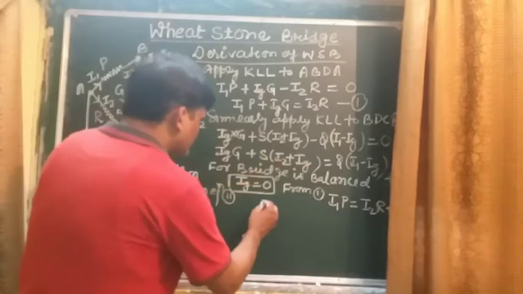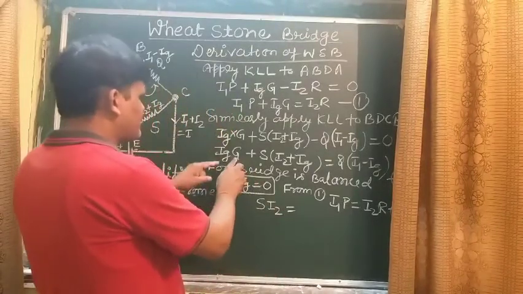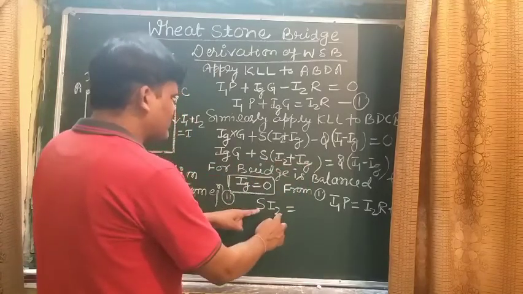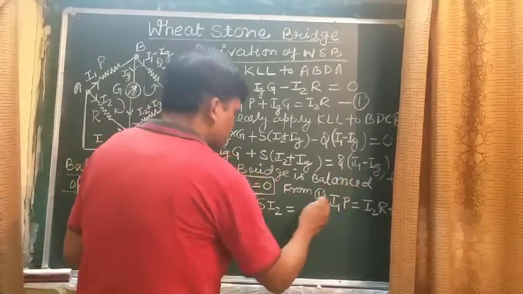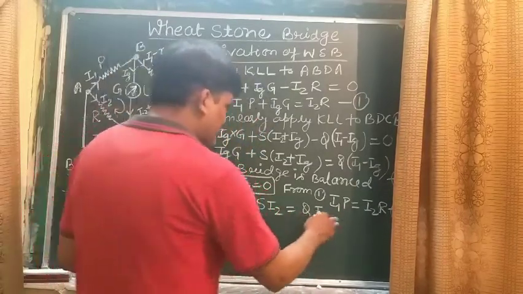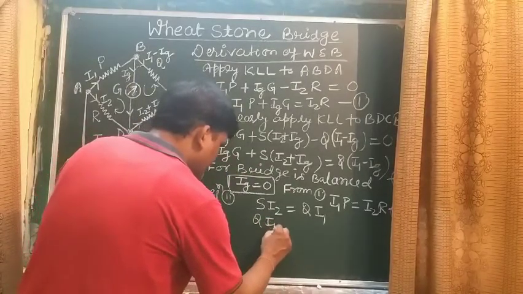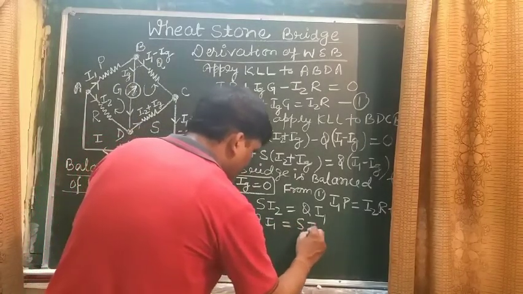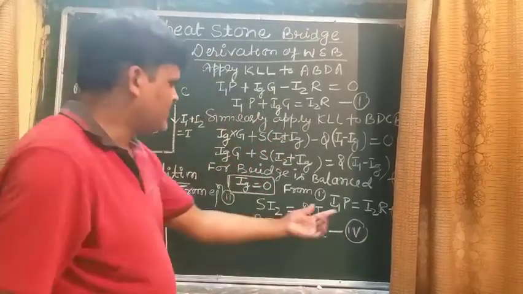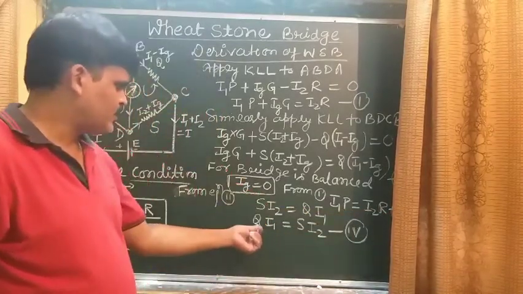So it can be written as S I2, and on the other side, with Ig 0, Q I1 remains. Rearranging this, it can be written as Q I1 equal to S I2, and this is equation 4.